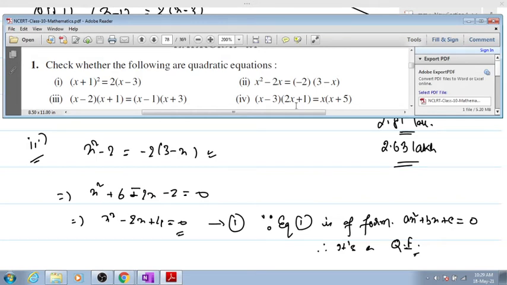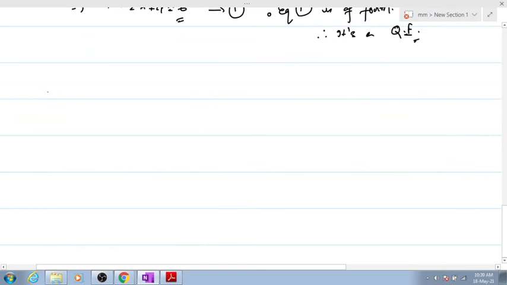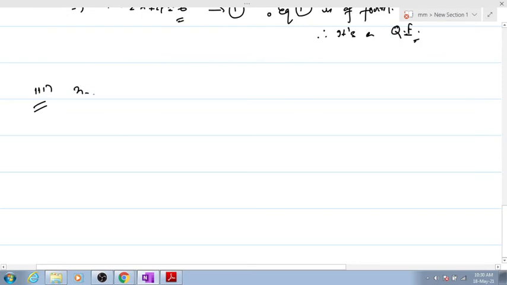How many are done with question number 3, parts 3 and 4? Tell me if the third and the fourth one are quadratic or not. Yes, exactly.